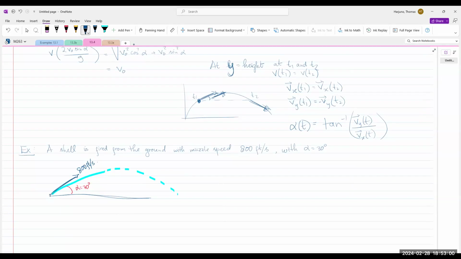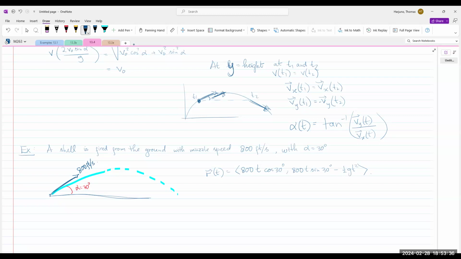The trajectory r(t) will be: x component, initial speed 800 times t times cosine 30 degrees; y component, initial speed times t times sine 30 degrees minus 1/2 g t squared.